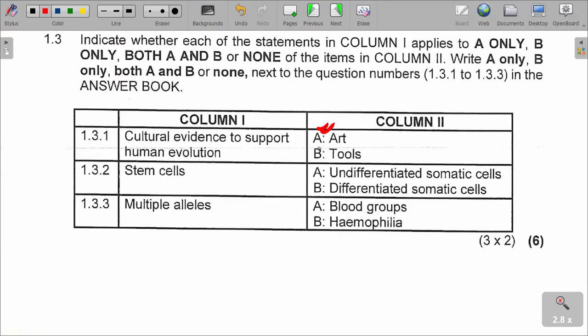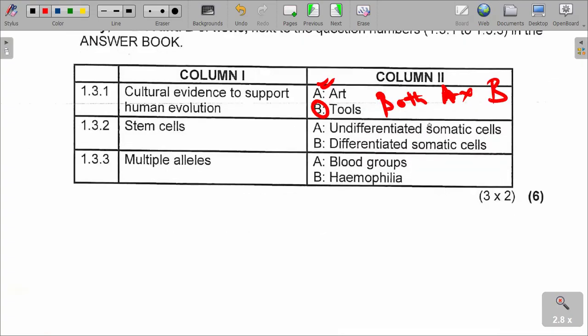We have tools again, and the tools also are cultural evidence. So this question 1.3 is both A and B. A and B are both correct. They are both sources of evidence that can support human evolution.